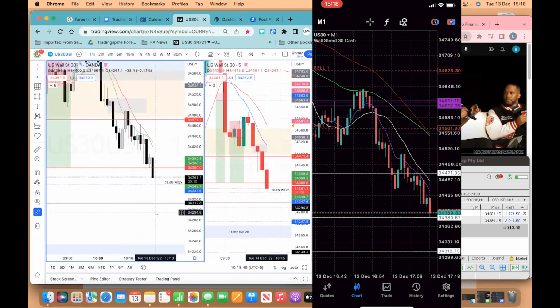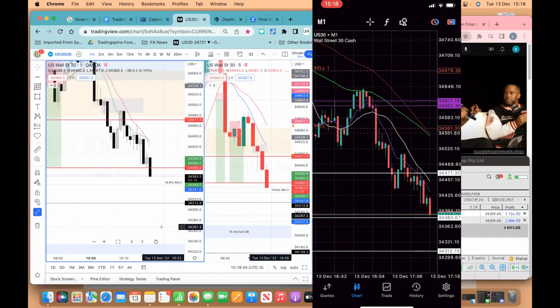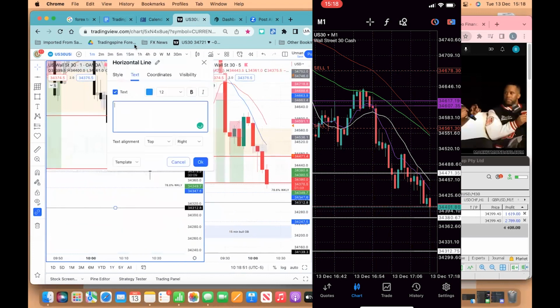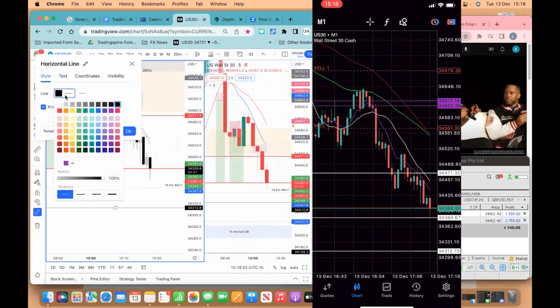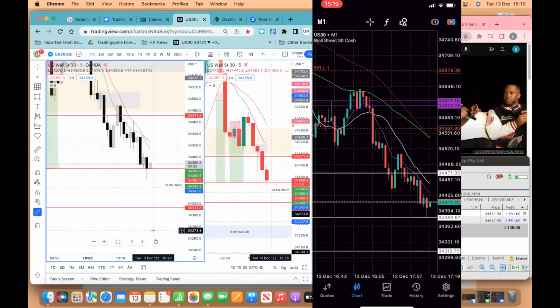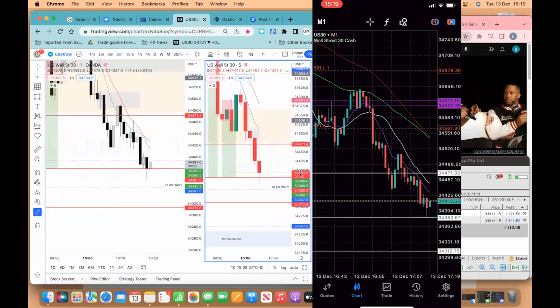I wonder if it's going to look at that area. Not as red. So I know what that area means to me. We've got like 1 minute left in this 5 minute candle.